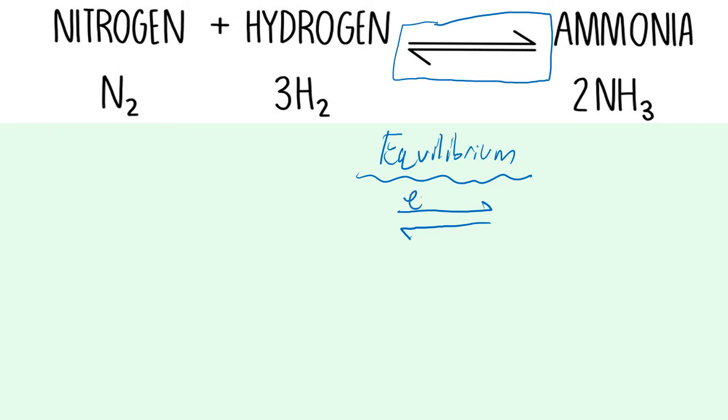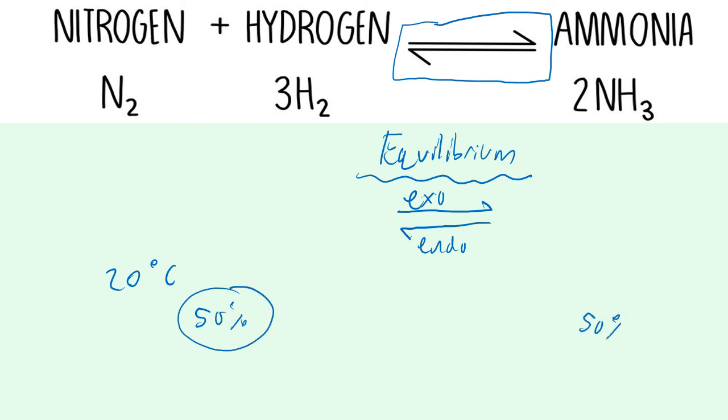The reaction forward is exothermic, the reaction backward is endothermic. If I do this reaction at 20 degrees C, then maybe I end up with 50% of it, half of it, as nitrogen and hydrogen, and 50% as ammonia.